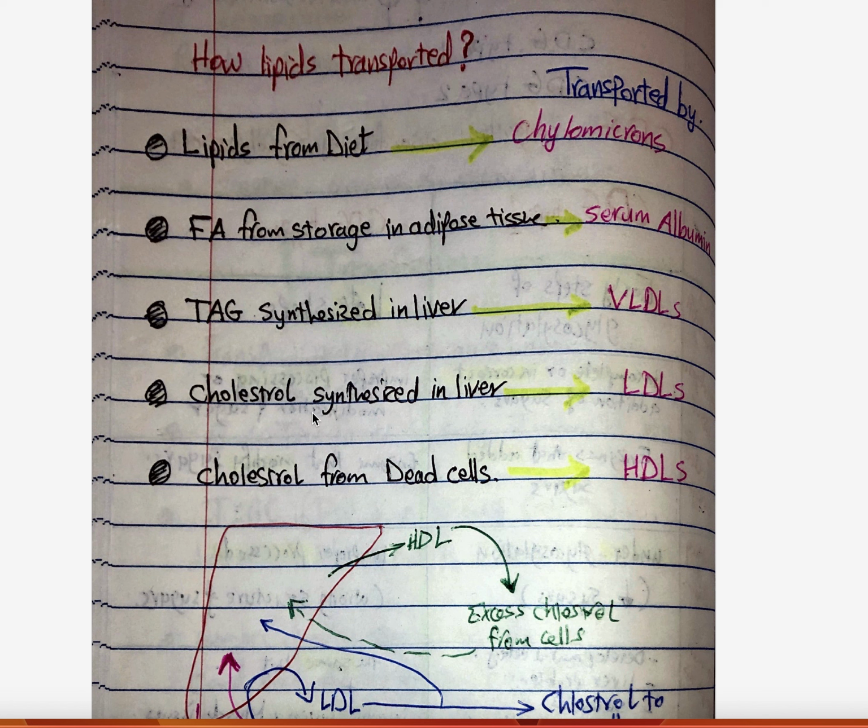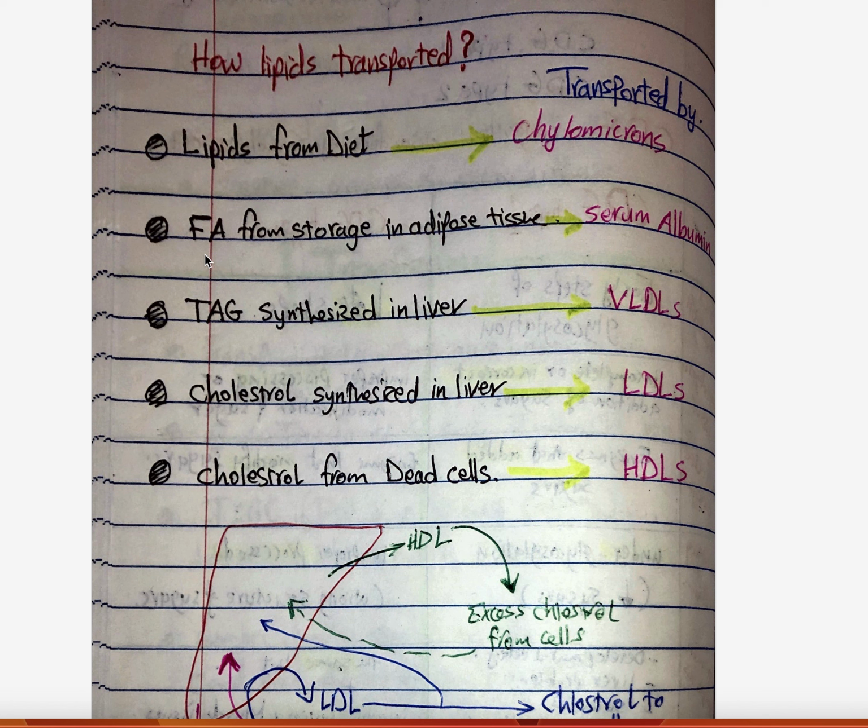The first one, the lipids that come from the diet, are transported through the chylomicrons. So the chylomicrons are responsible for the transport of the lipids from the diet.